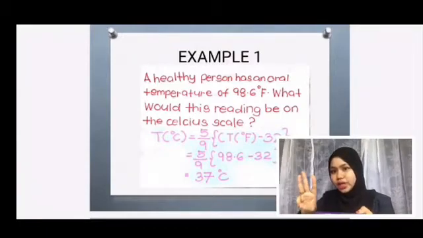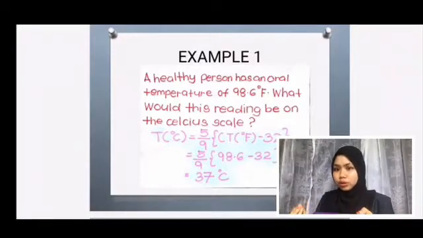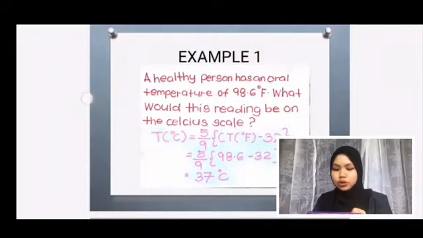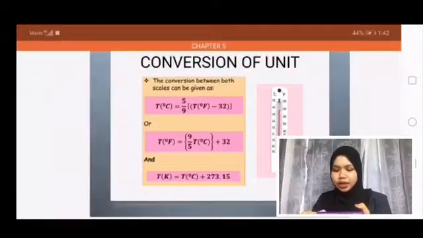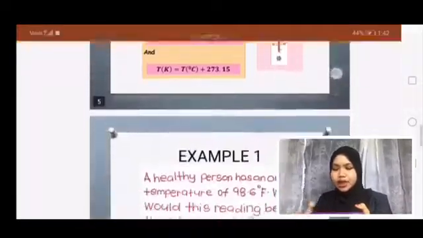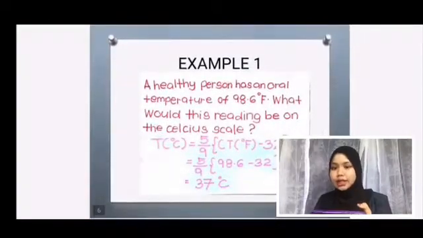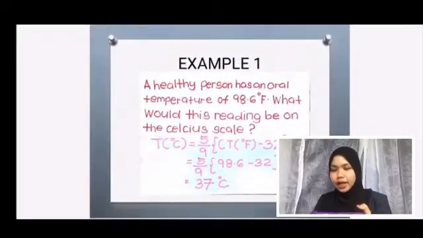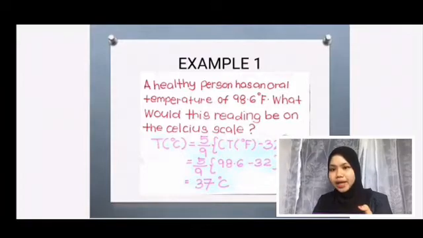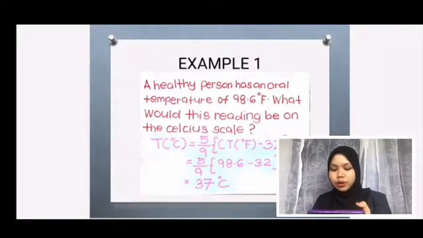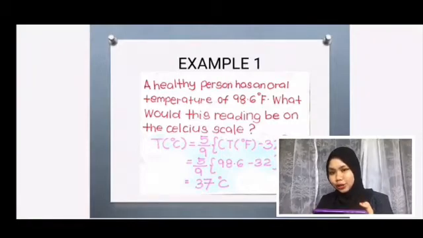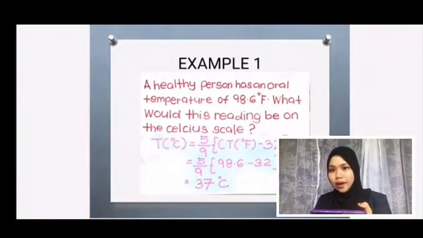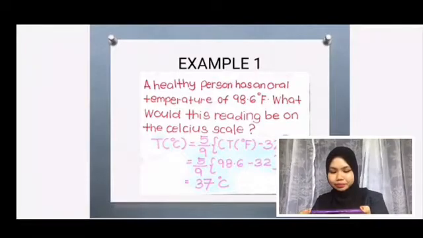There are three equations, so which one do we want to use? We should use the first equation. The equation is temperature in degrees Celsius equals 5/9 times temperature in degrees Fahrenheit minus 32. So 5/9 times 28.6 minus 32, and we will get 37 degrees Celsius.